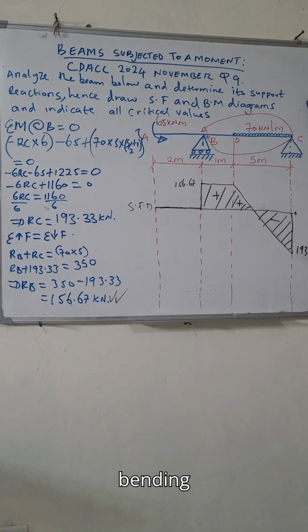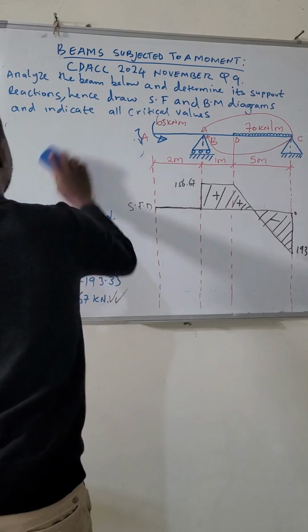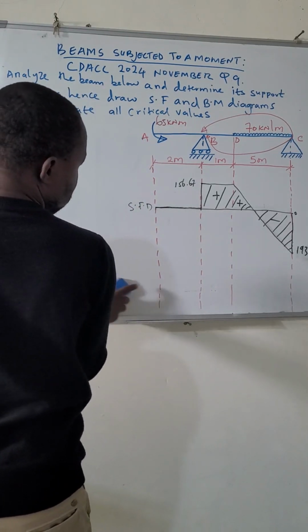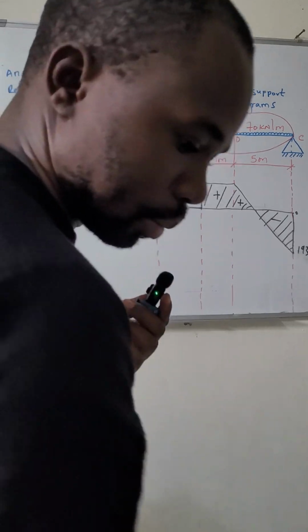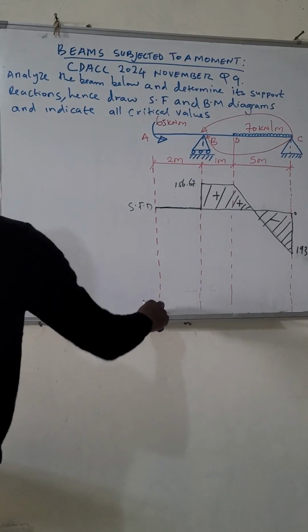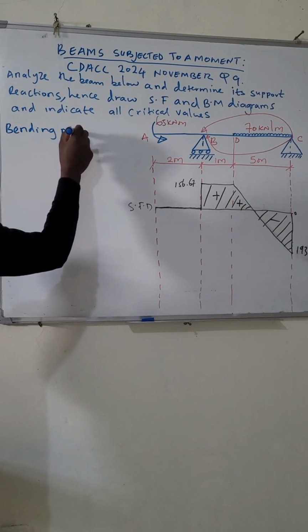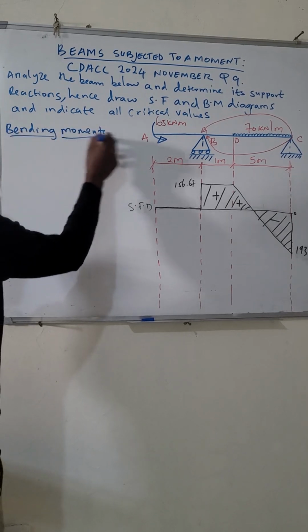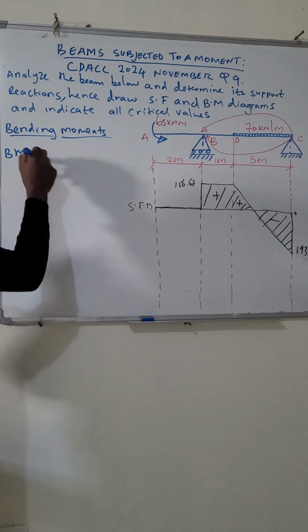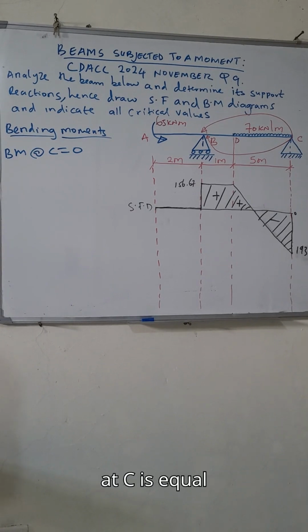And how do you calculate the bending moment? So bending moment at C is equal to 0.